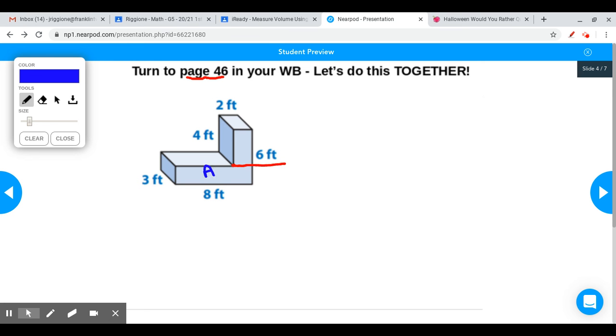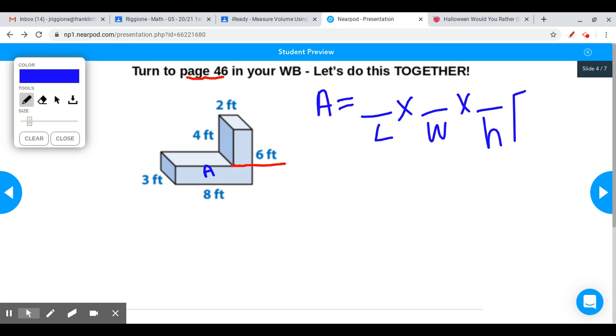We'll call this piece A. So we have to find the volume by doing the length times the width times the height to find the volume of A. And then you're going to have to do the same thing for the other piece.